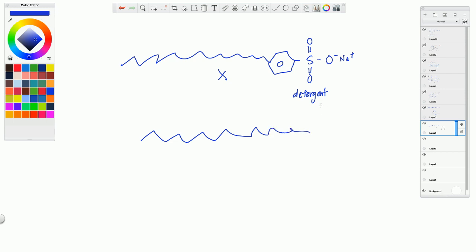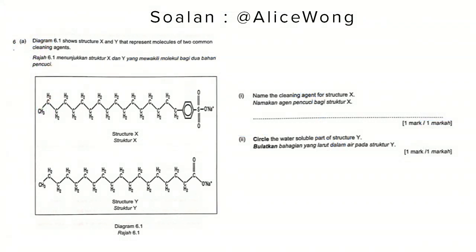You also don't need to bother about that. It just ends with C, O, O, Na. Okay, this part is soap. That's it. Okay, so name the cleaning agent for structure X, detergent.